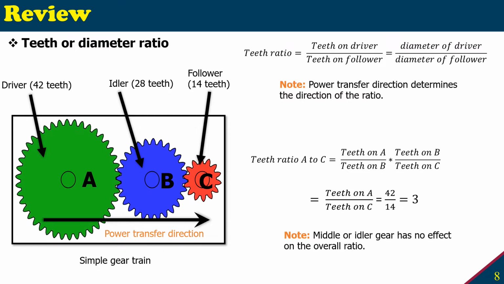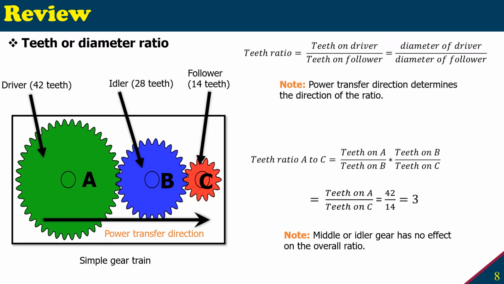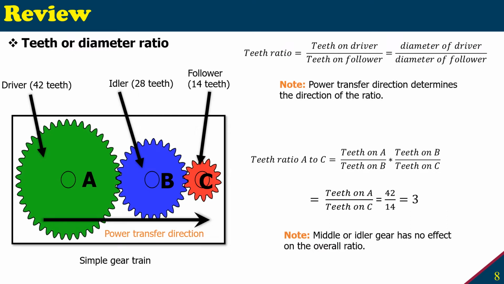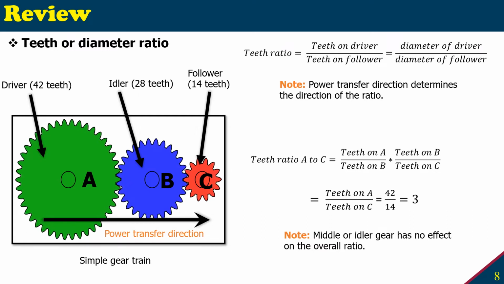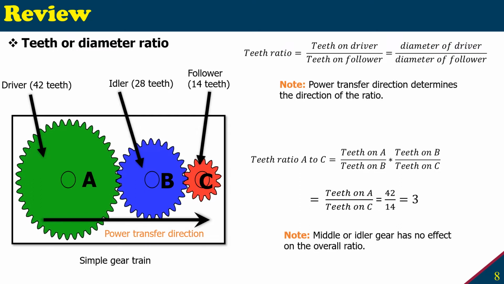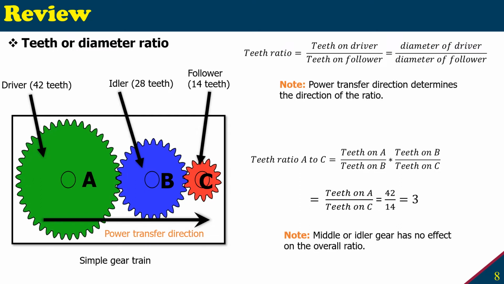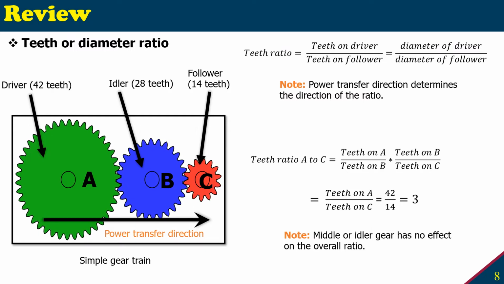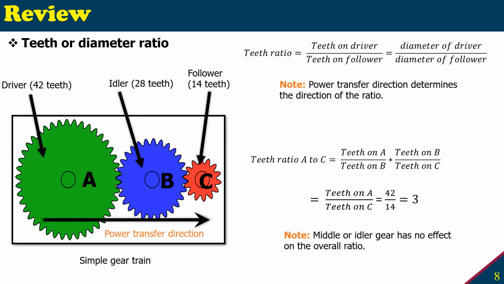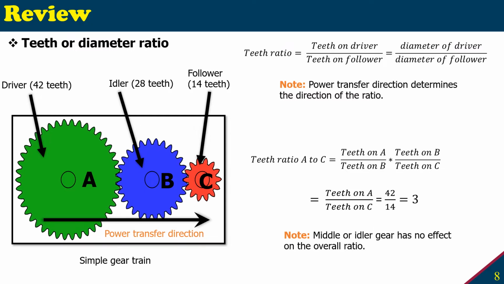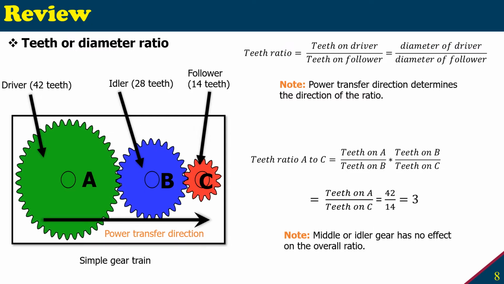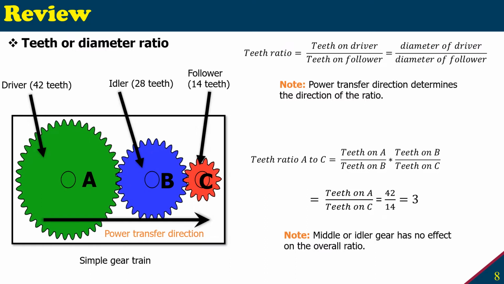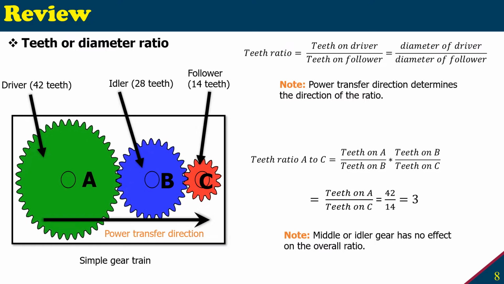If we count the teeth of each gear, assume that the green gear has 42 teeth, the blue one has 28 teeth, and gear C has 14 teeth. So the teeth ratio from A to C would be the multiplication of A to B and B to C. From A to B, the teeth on A, the driver, is 42, and the teeth on B is 28.